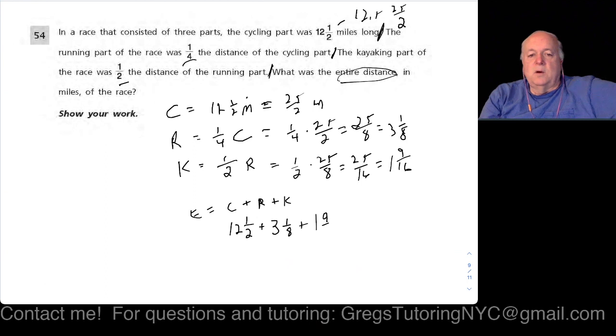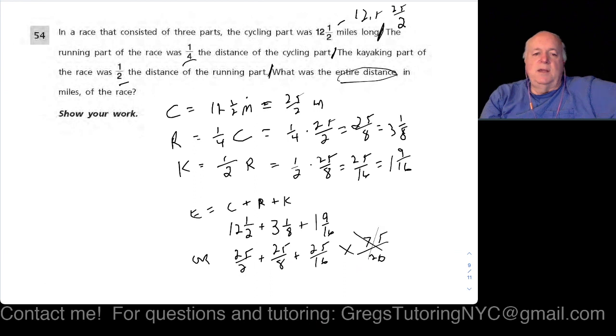Okay, or it could have been 25 halves plus 25 eighths plus 25 sixteenths. Okay, this is not 75 over 26. That's not right. You don't add those up.